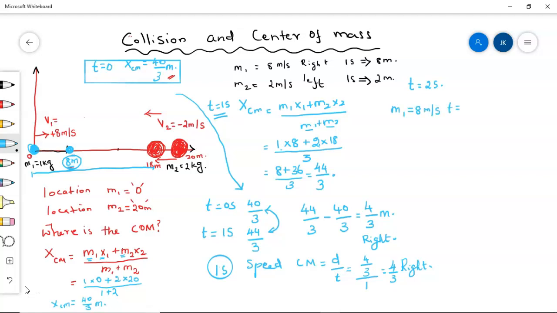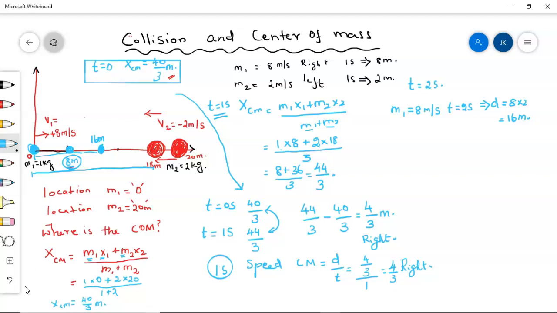So in 2 seconds, the distance covered is 8 times 2, which is equal to 16 meters from the origin. Now the blue object M2 is closer to the origin. It reached this point, which is 16 meters from the origin.